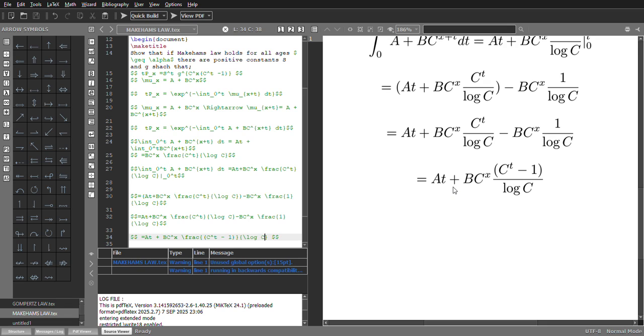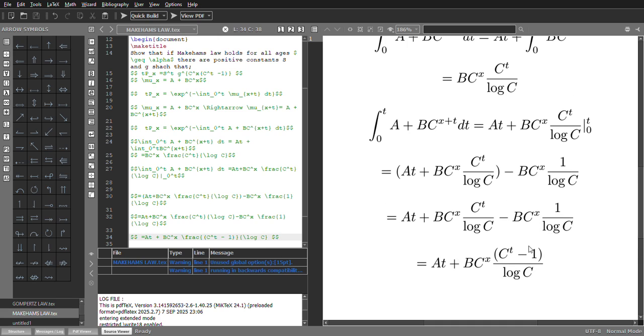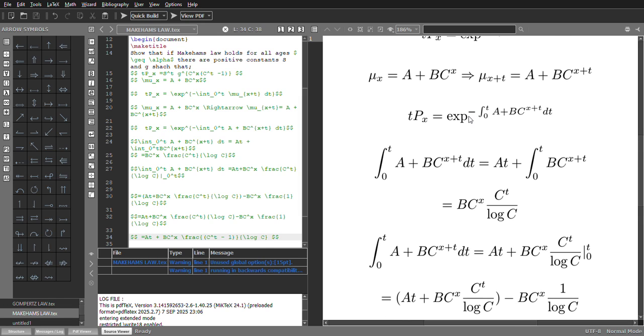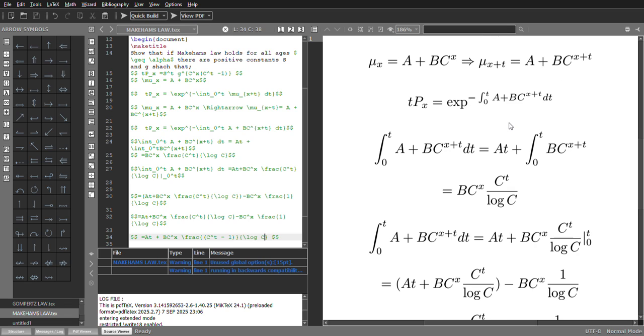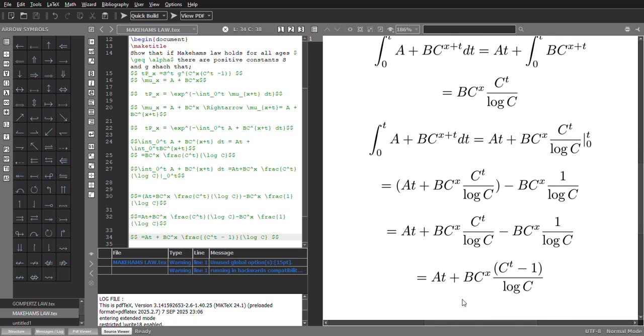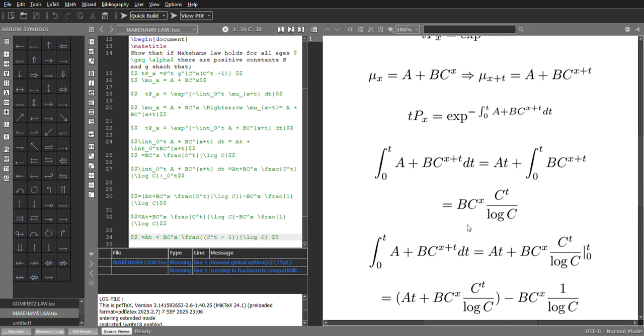Now that we have something like this, after integrating and substituting our limits from this place, what we have to do now is to take this one back here.